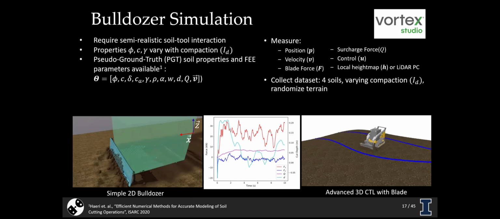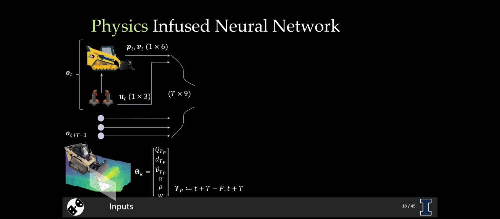You can see it's kind of noisy, but on a real system it's also going to be fairly noisy, so we want our system to be able to handle these types of issues. And then again, we're measuring the control and a local height map, either directly or by using LiDAR observations from the vehicle. We collect a data set across these 4 different soil types, and then we train our physics-infused neural network, which I'm going to describe next.